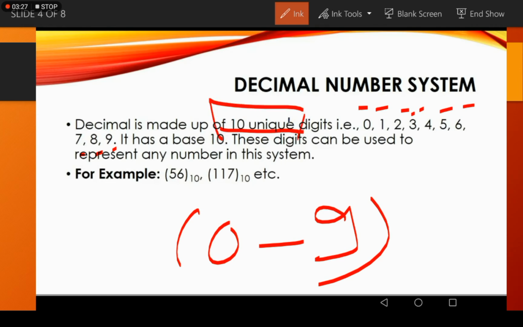Decimal number system is a number system which we use in our daily life. You can see the example of decimal number system. This and this both are examples of decimal number system. Whenever we write any number system, we represent the number system by the base. As you can see, the base is 10. Here the base is also 10.